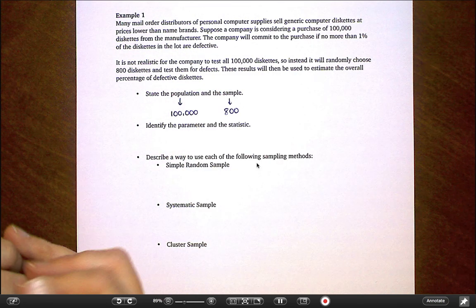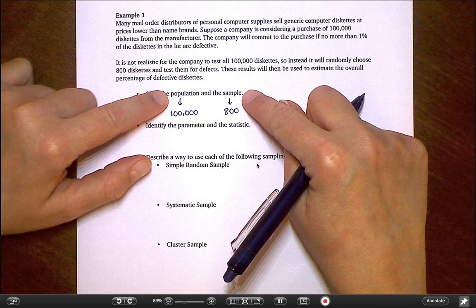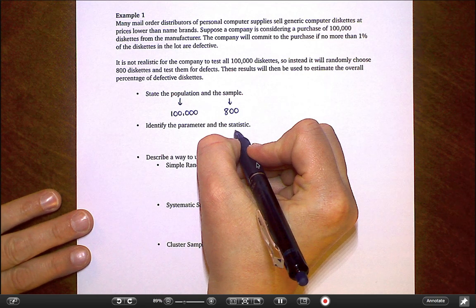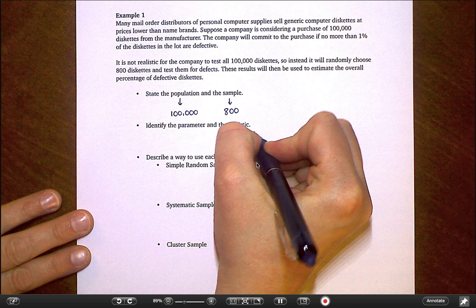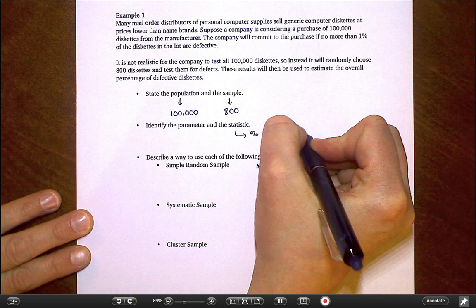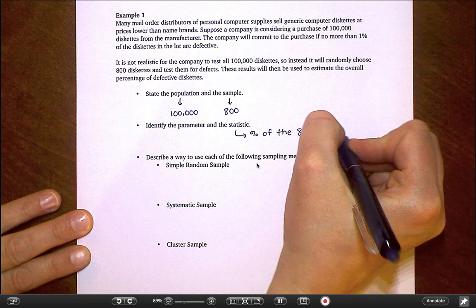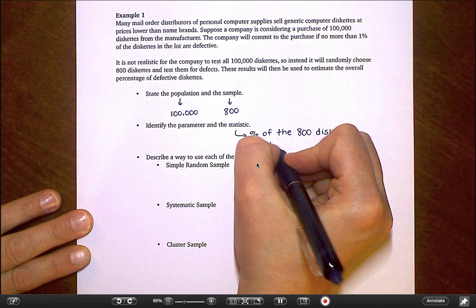The parameter and the statistic. Notice these are stacked under the words that they go with. So the statistic, starting here, because these are the ones we're actually testing, would be the percent of the 800 diskettes that are actually defective.